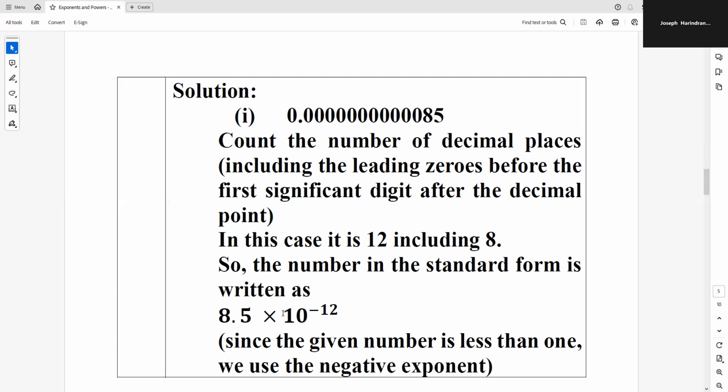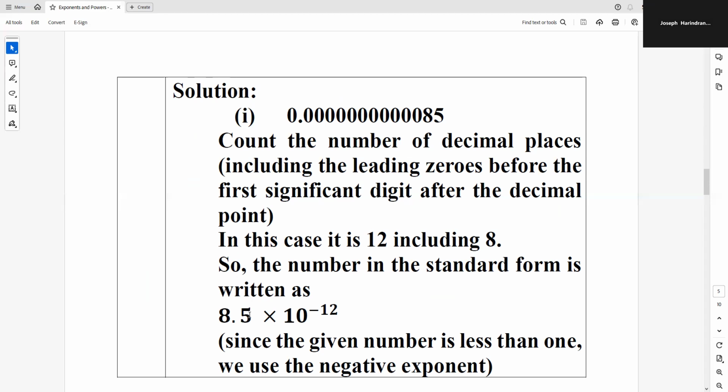So we can write that in this form. Simply take this as 8.5, because we know that the coefficient should be a positive number which is less than 10. It cannot be negative.